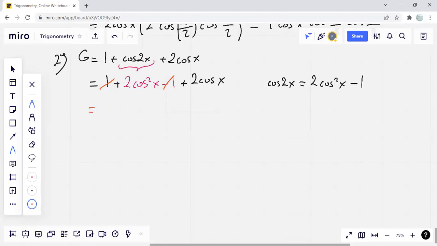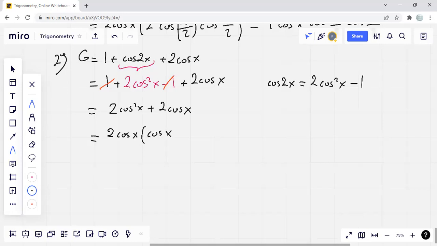So I will be left with 2 cosine squared x plus 2 cosine x. Now I can take 2 cosine x common.